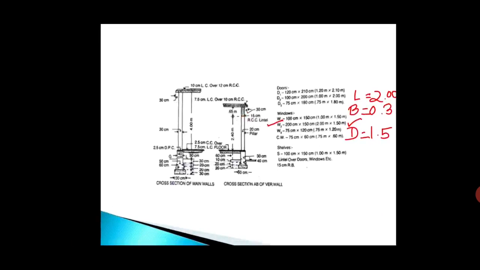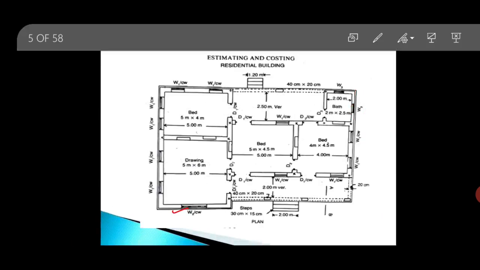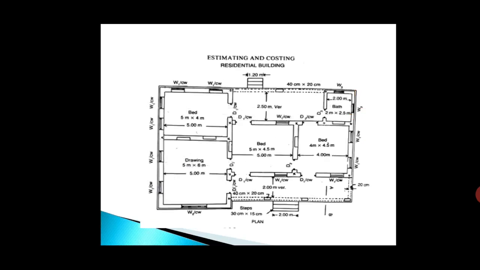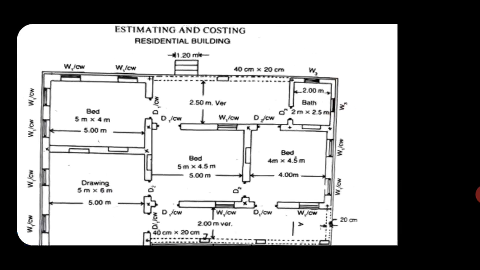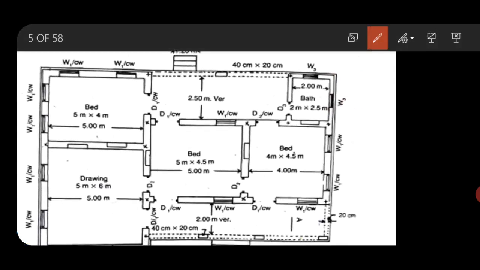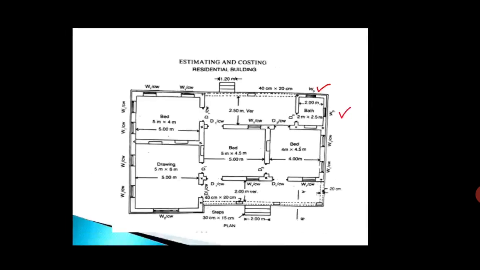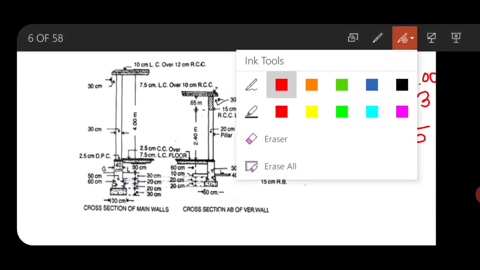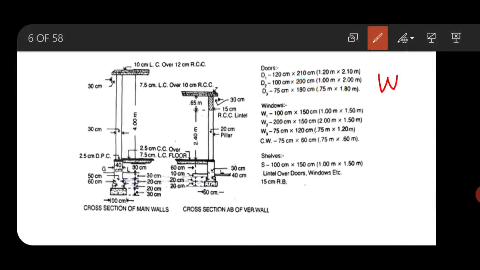Then we will move to W3 type. See, there are 2 numbers of W3 type window. And for deduction, this one is W3 type.